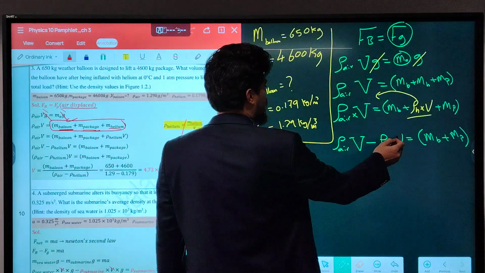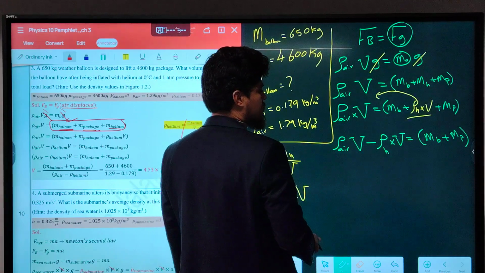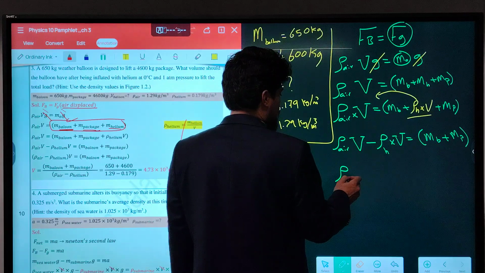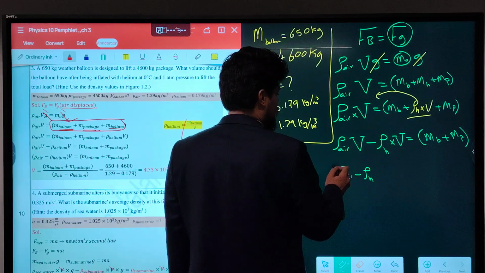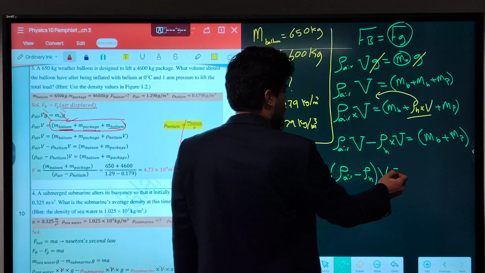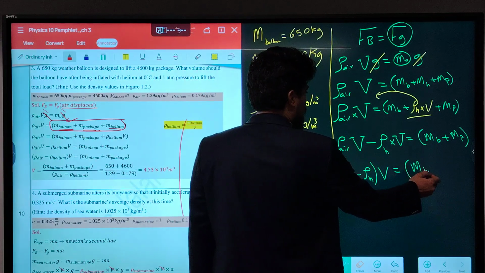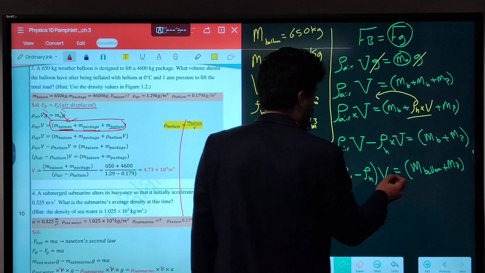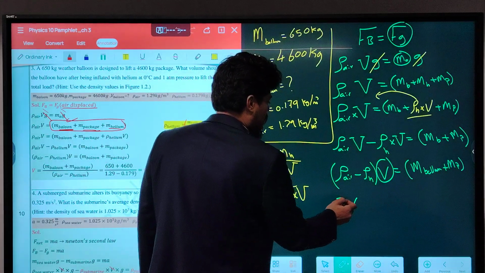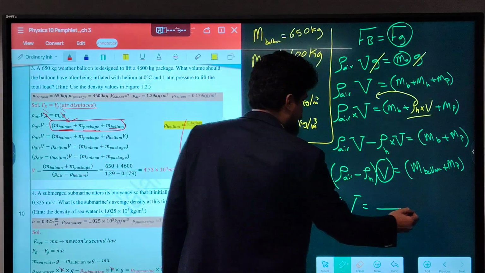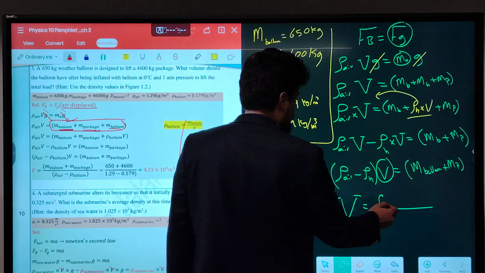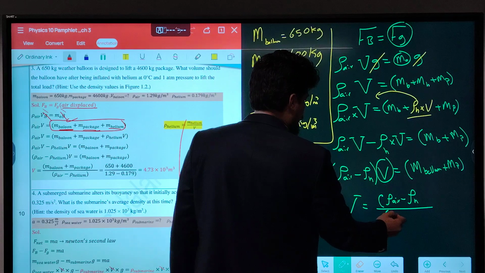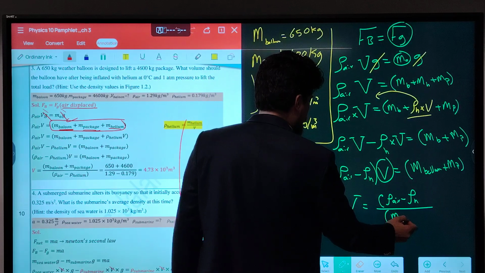So how many volumes do we have? Two volumes. These two volumes are the same, so we can take one of them as a common factor. What remains? The density of air minus density of helium times volume is equal to the mass of balloon plus mass of package. What is unknown? Volume. Volume is equal to the mass of the balloon plus the mass of package, over the density of air minus density of helium.